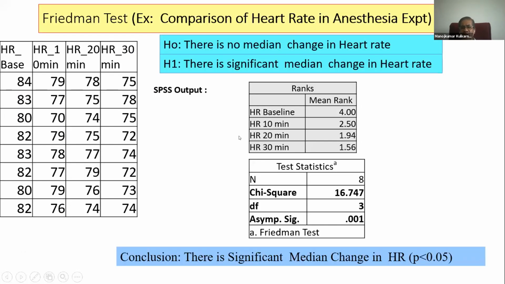So this is all about what I wanted to present. So when you go for your data analysis, think about the research questions, identify your dependent variable, independent variable, think about the study design, whether it is a retrospective study, prospective study, cross-sectional study. So accordingly, you choose the various tests, you check for the normality of the data, you check for the outliers, whether there are any outliers in the data.